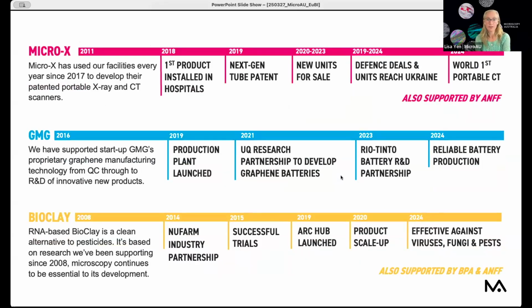I might pick another one off of this second page as well, where again, it's about that long-term support that's been required, where the RNA-based bioclay is an alternative to pesticides. It was back in about 2008, so a similar vintage to Microscopy Australia being established, where that research has been consistently supported since 2008.